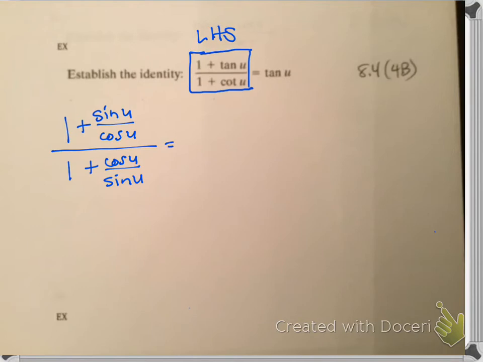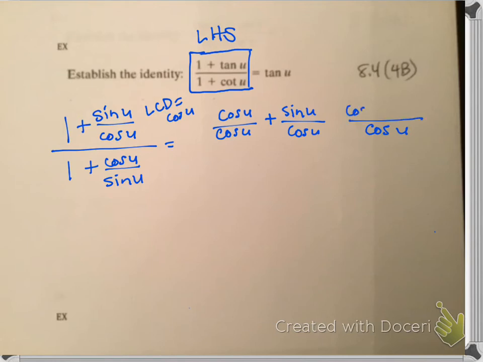I've got to find a common denominator. So in the numerator, the LCD is cosine u. So I get cosine u over cosine u, that's what 1 equals, with a common denominator, plus sine u over cosine u. Okay, now that I have a common denominator, I can write this up as cosine u plus sine u over cosine u.